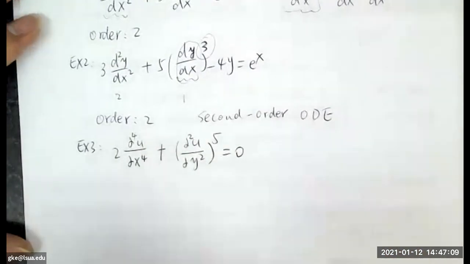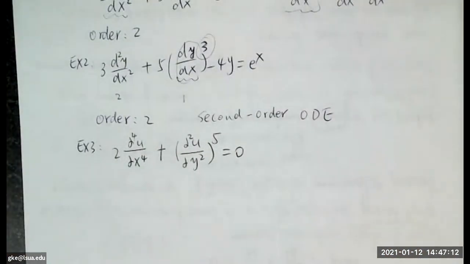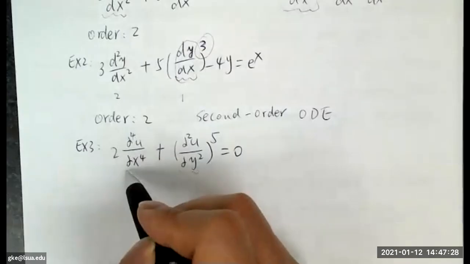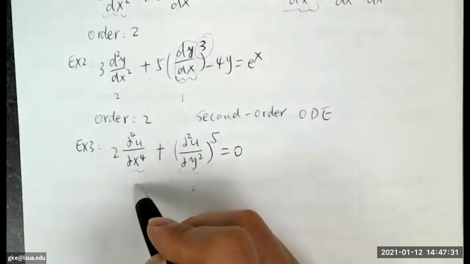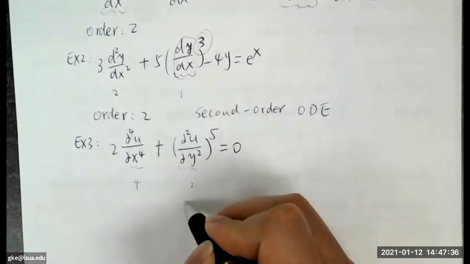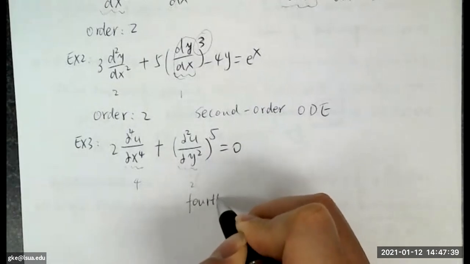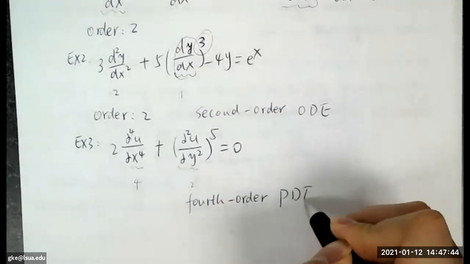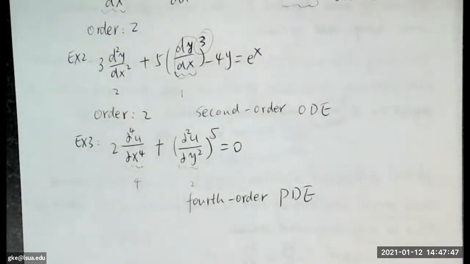How about this guy? What's the order? 4, right? Agree? Very good. So we can tell this guy is second order. This guy is fourth order. So the highest is going to be 4. So it's fourth order. And we can tell that is PDE, right? Fourth order PDE.